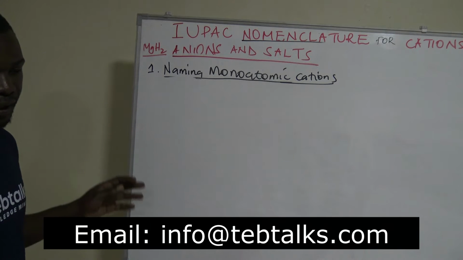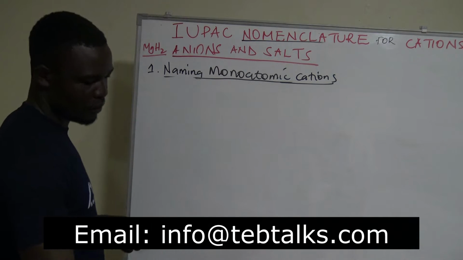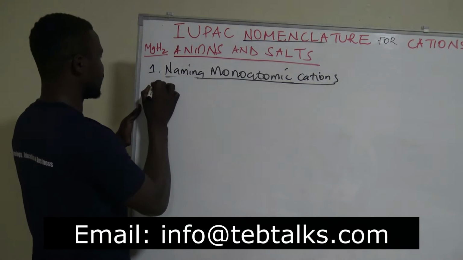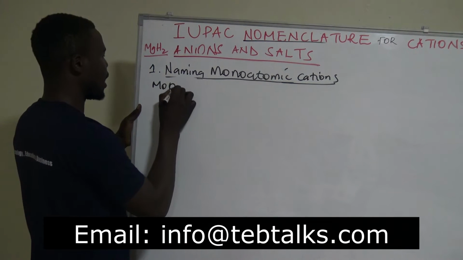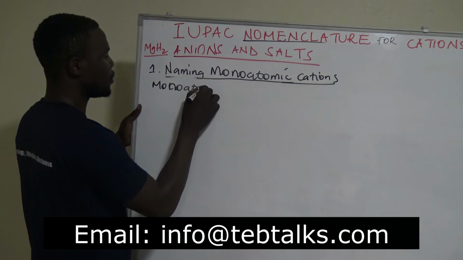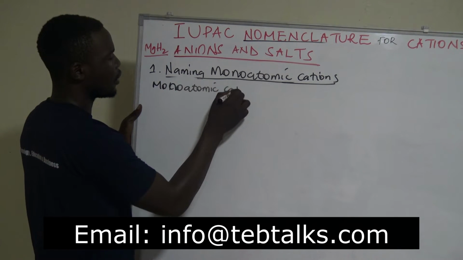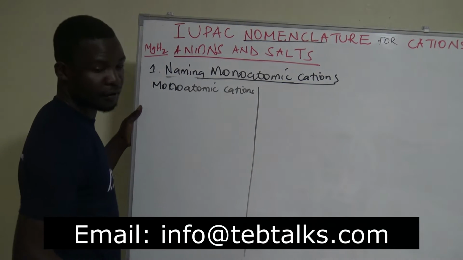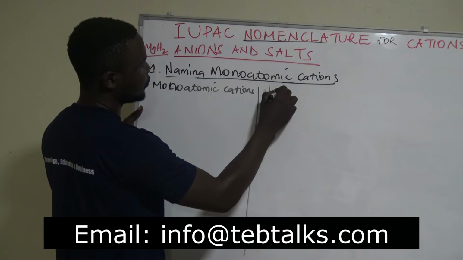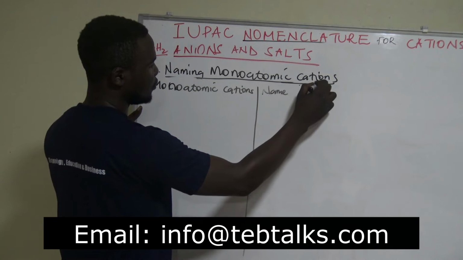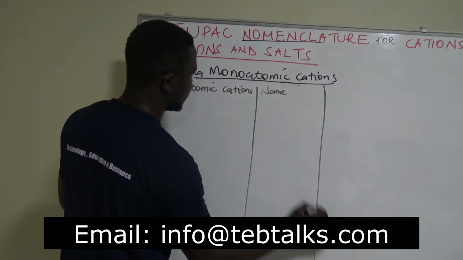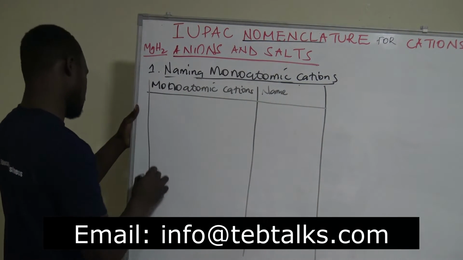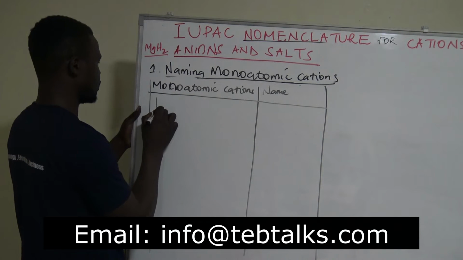So let us proceed, we again look at them. I'm going to have my table here. Here I will have monoatomic cations. This side I will have the name. I'm very sure this table is not enough to accommodate all of them, simply because they are many.